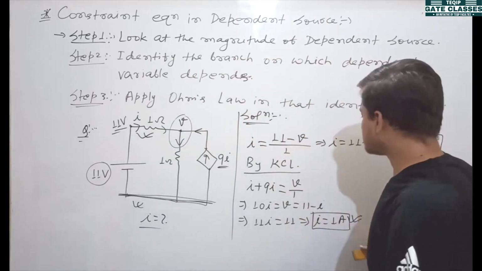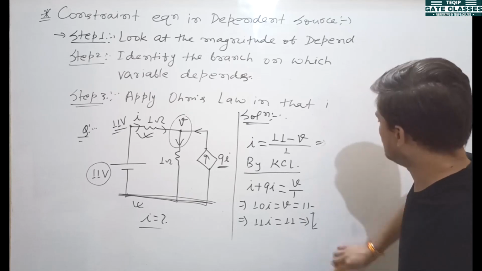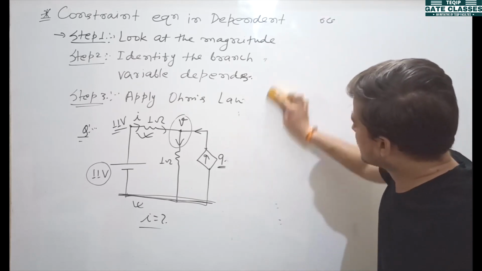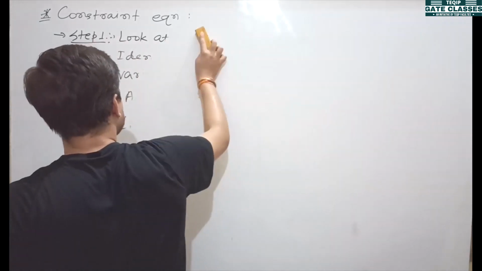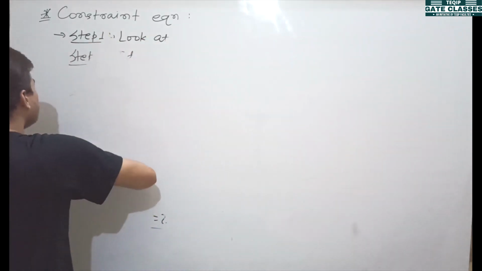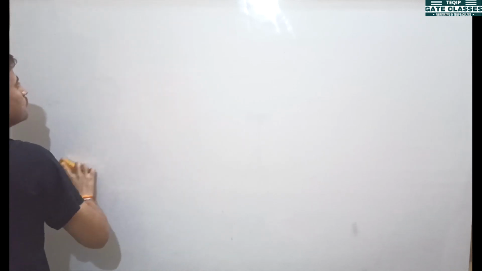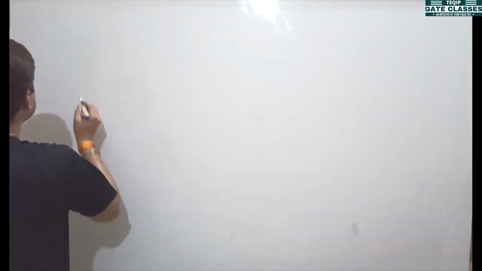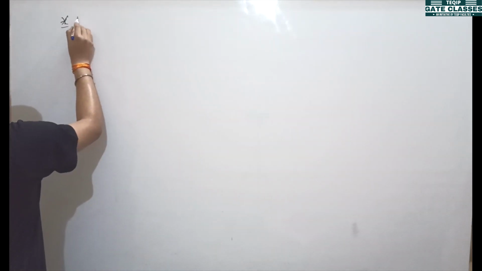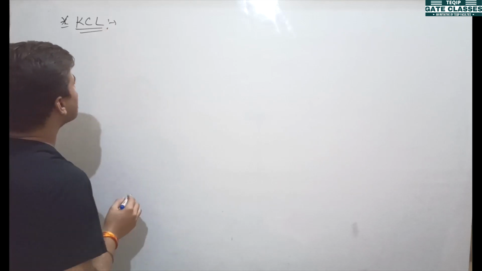Now let us discuss Kirchhoff's current law and Kirchhoff's voltage law, because these two are very basic laws of electrical engineering, and you must have practice on how to apply Kirchhoff's current law. KCL, Kirchhoff's current law. What does it say?